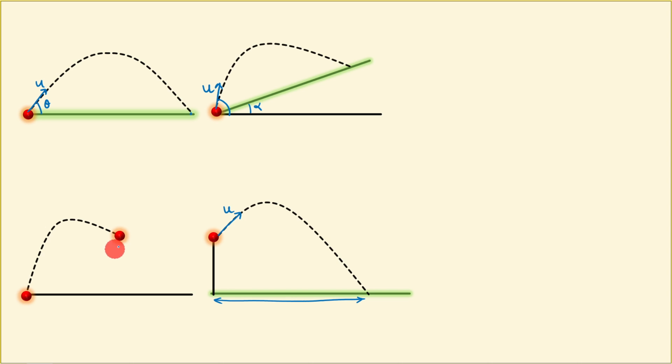The fourth problem is not exactly like the first three. Here, we are given two fixed points. A particle is projected from this lower red dot, and it has to pass through this other red dot, right? These two points on the path of the projectile are given, and you are asked what is the minimum speed with which you can accomplish this task.